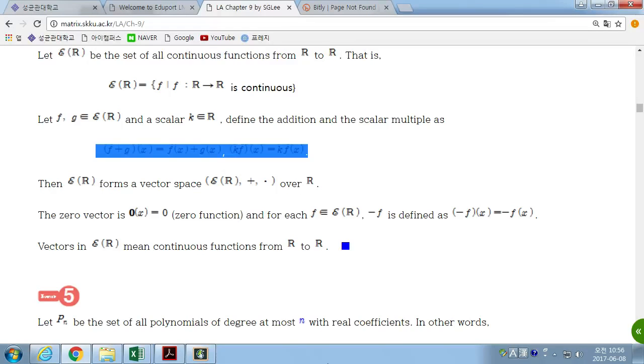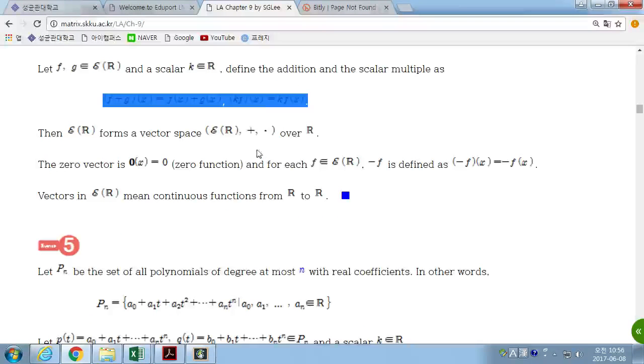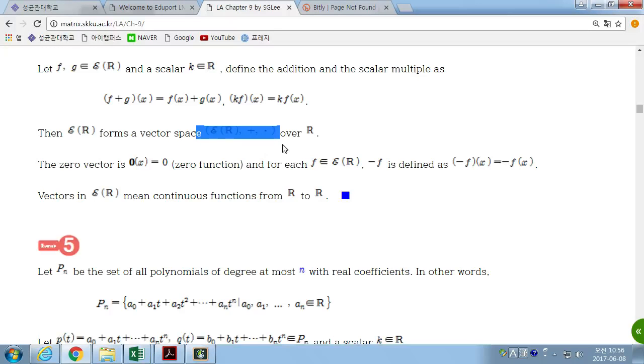A scalar multiple of a continuous function is another continuous function on R. So they satisfy the two basic laws and also the 8 other properties. So C of R with these two operations is a vector space of continuous functions. In this vector space, the zero function is the zero vector, and minus f is the negative vector of f.